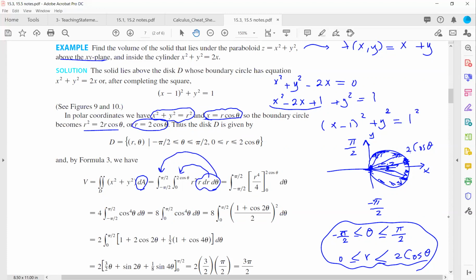The integral of cosine to the 4th d theta, if you remember your integrals from Math 1B, we can rewrite cosine to the 4th as cosine squared, squared. So let me write it here for you. Cosine squared is equal to 1 plus cosine 2 theta divided by 2.